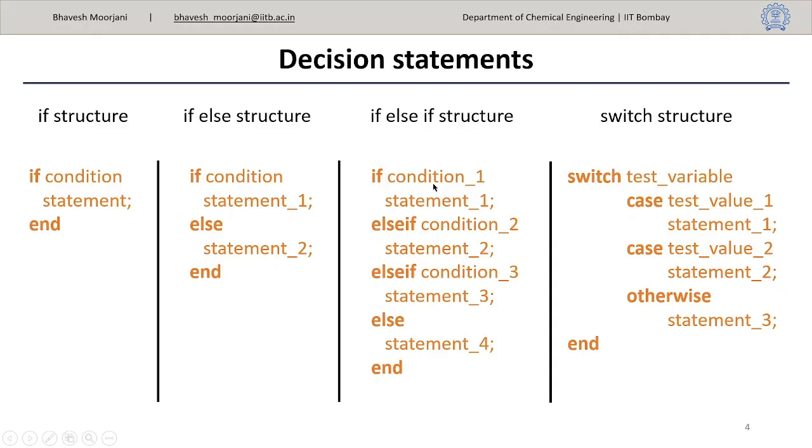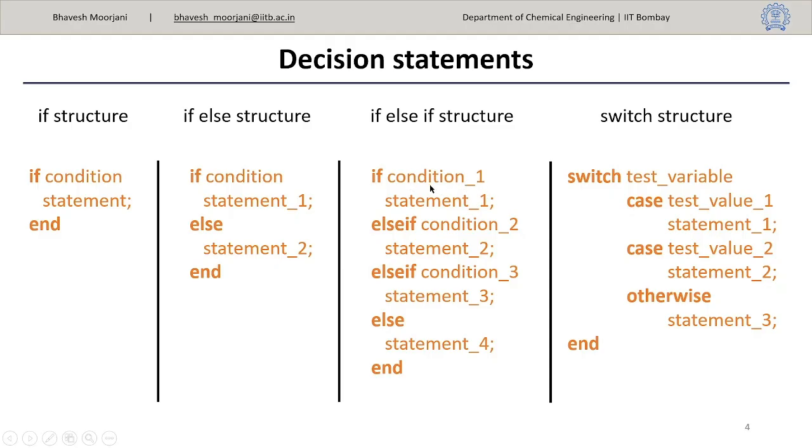Then, a further addition is the if-elseif structure, where you have multiple conditions imposed. If condition 1 is satisfied, statement 1 will be executed. If condition 2 is satisfied, statement 2 will be executed. Let's say the conditions concern temperature, with four different temperature ranges.